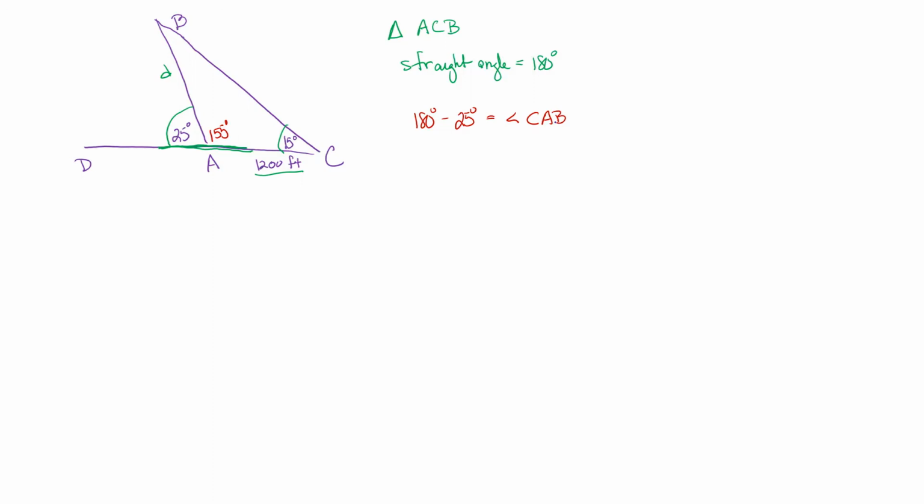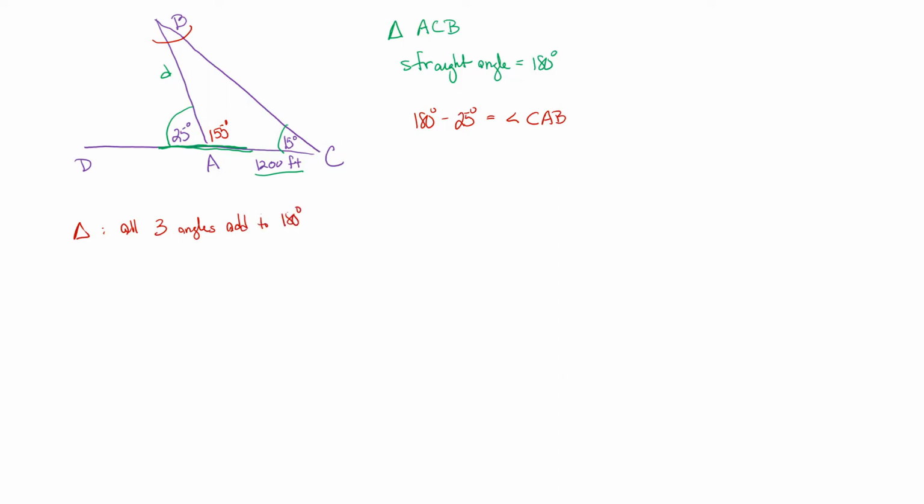And now I'm also noticing one other angle I can find. I can find angle B over here. Because I know that in any triangle, all three angles, as we have discussed before, add to 180 degrees.